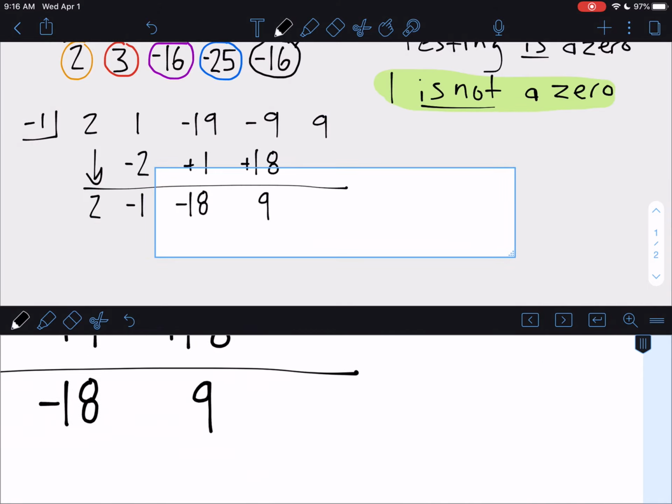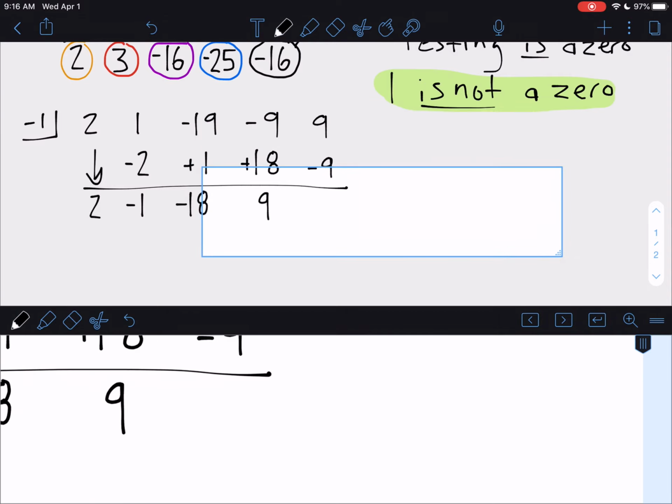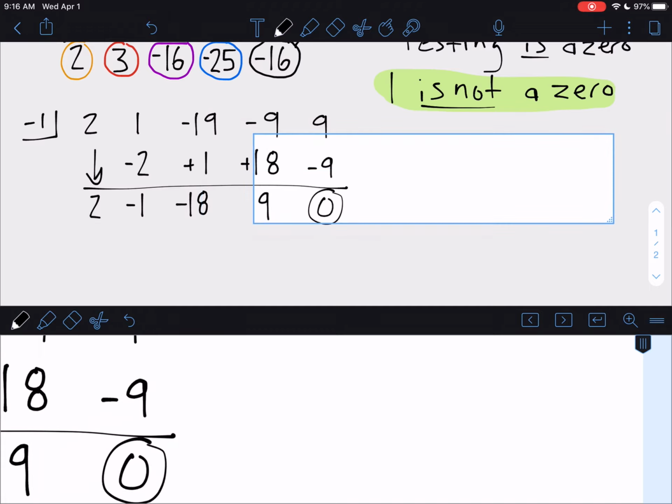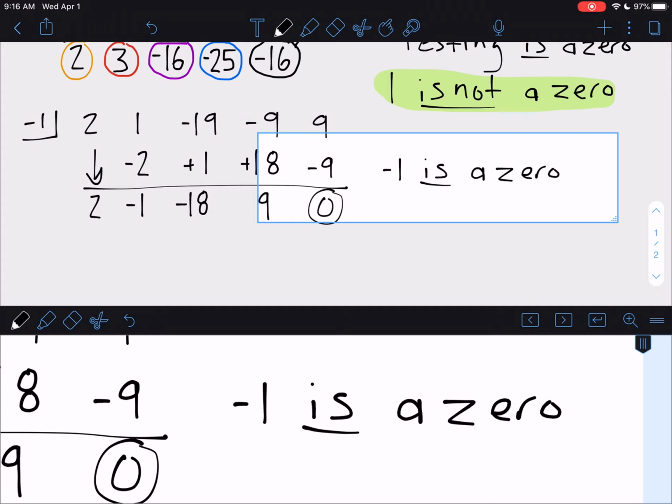Now I have the negative 1 times 9 is going to be negative 9, and then I have 9 minus 9 is 0. And just like I said earlier, if that last number is 0, that means that the number I'm testing is a 0, so negative 1 is a 0 of this polynomial. Because the last number I got there, that most important number, is a 0.